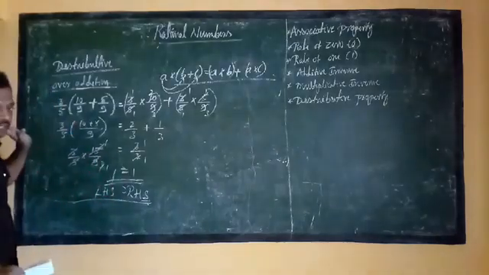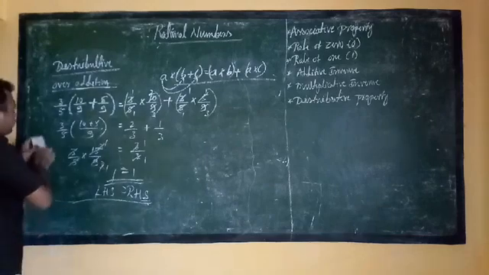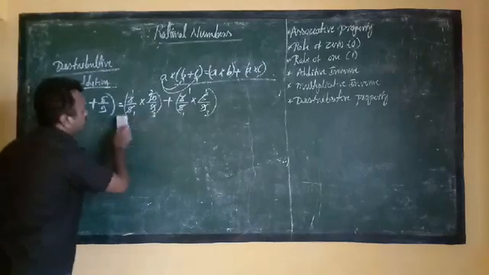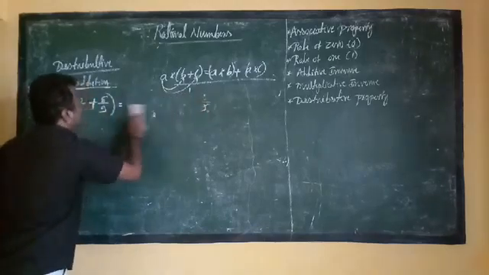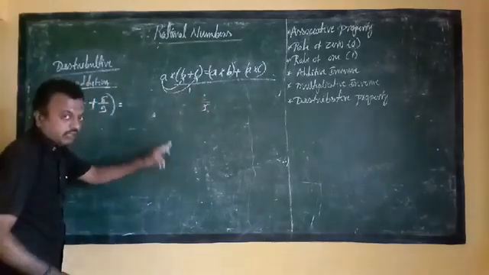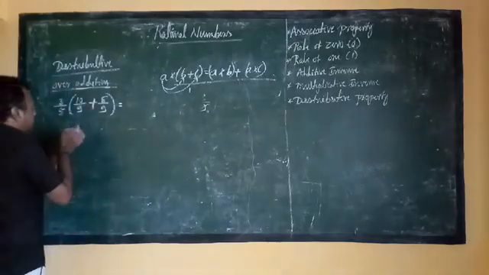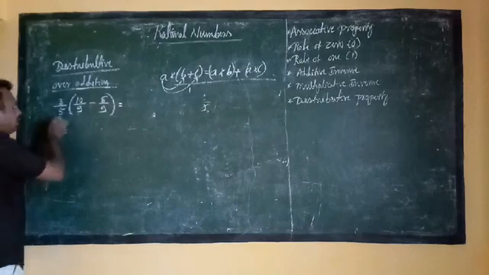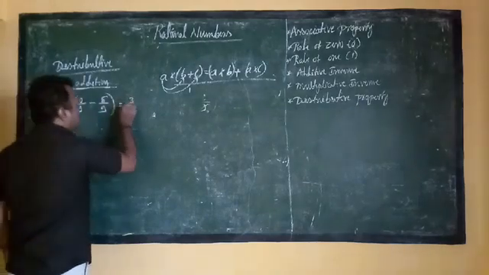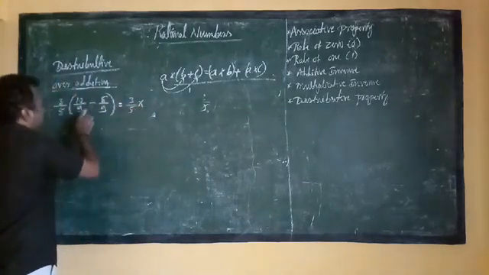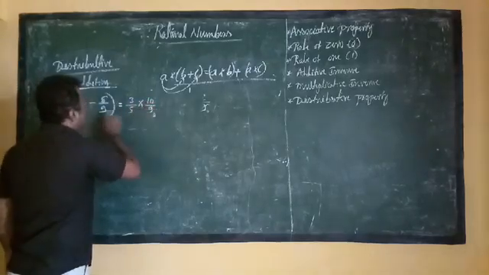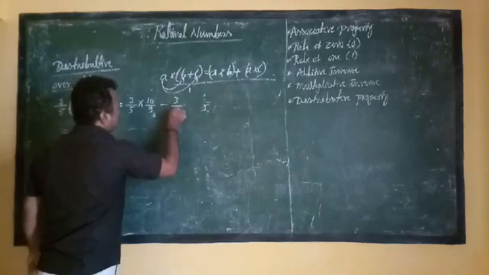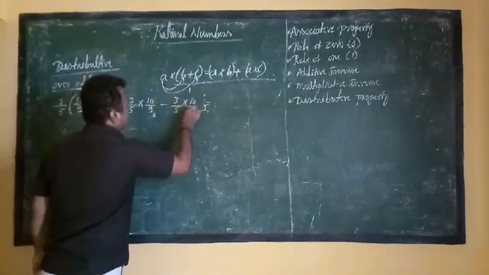Like that, subtraction. Same procedure, I will do the addition there, and in subtraction, that's all. Instead of plus, minus is there. Again 3 by 5 we should multiply with 10 by 9, minus, again 3 by 5 is multiplied with 5 by 9.